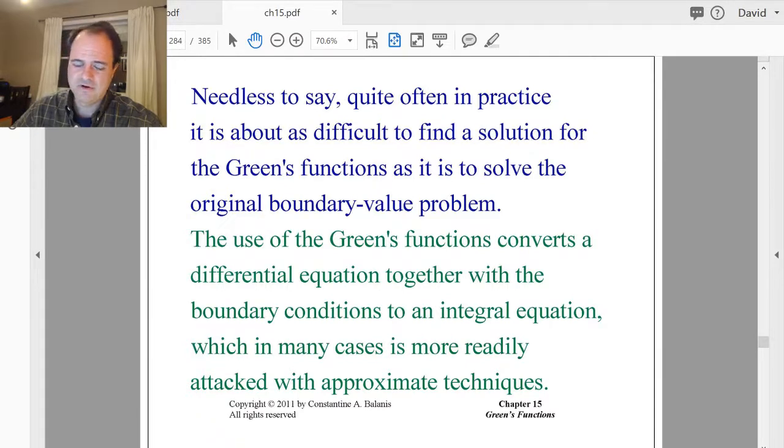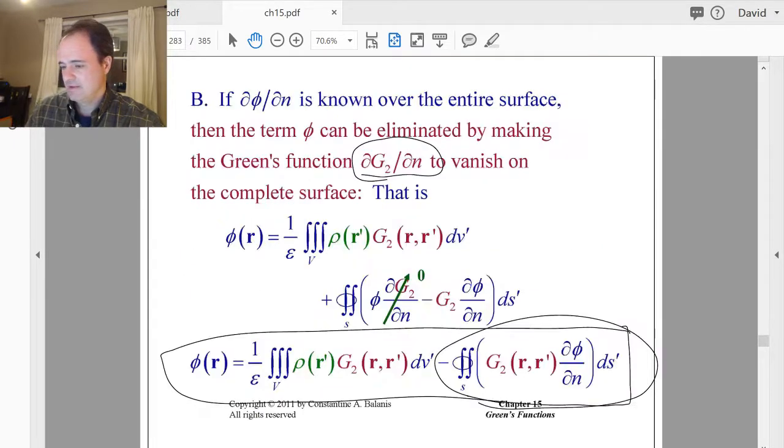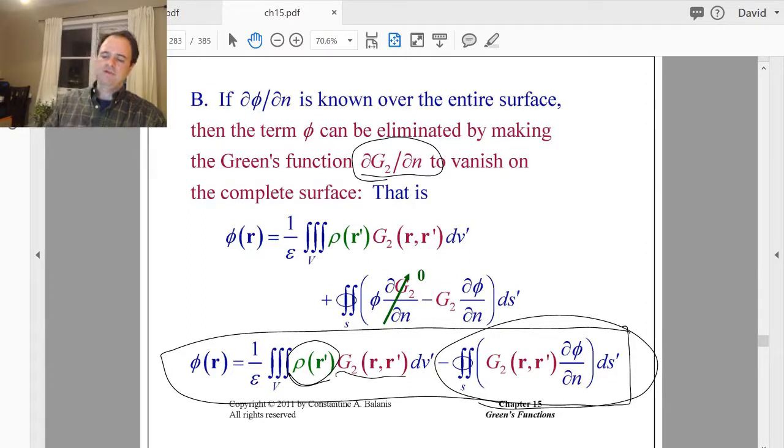But we've already discussed the advantages of the Green's function. It allows you to put in any driving condition, in this case a charge distribution, and use the same Green's function in the evaluation for phi. So it converts the second order partial differential equation over to an integral problem. So that's very useful.